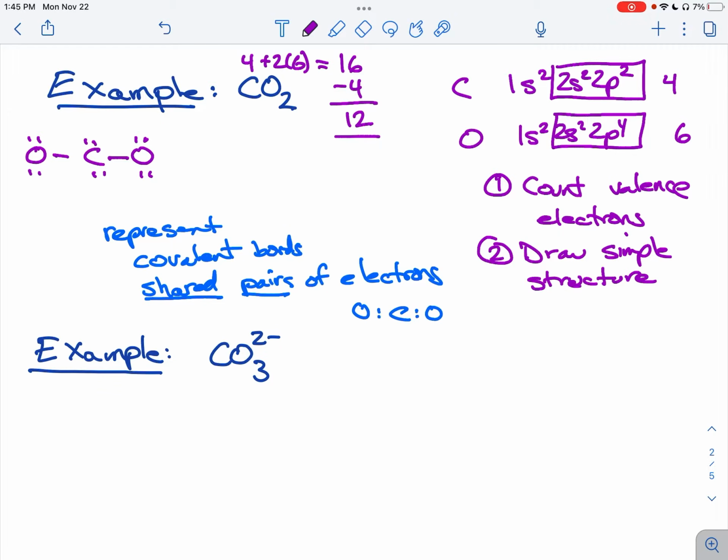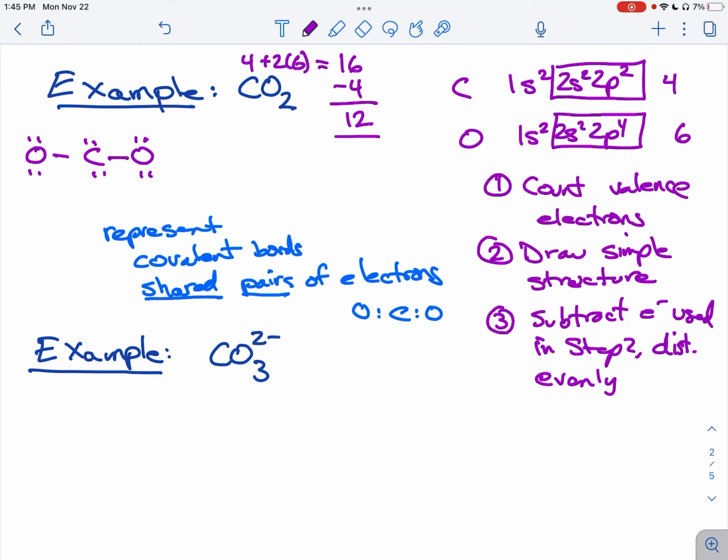So step 3 is to subtract the electrons used in step 2, and then distribute the remaining electrons evenly. Now in step 4, we're going to do something called the octet rule. The octet rule states that in a stable molecule, the atoms will all have 8 electrons around them.